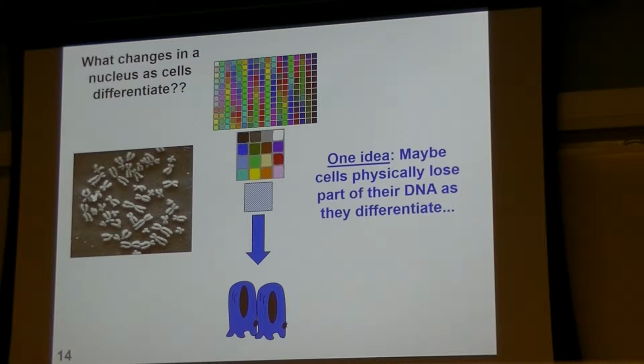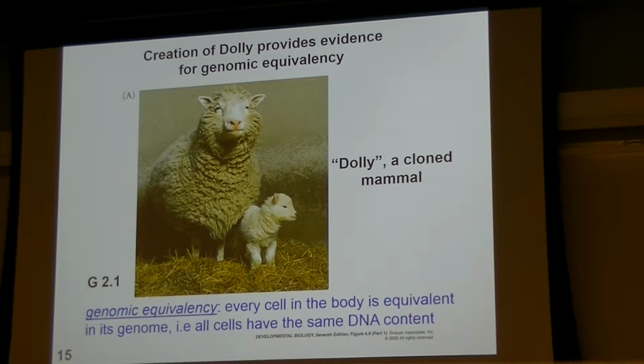...not to be true. And one way that we know this is by the creation of this sheep called Dolly, which I'm sure you've all heard of before. Dolly is a mammal and she is cloned.